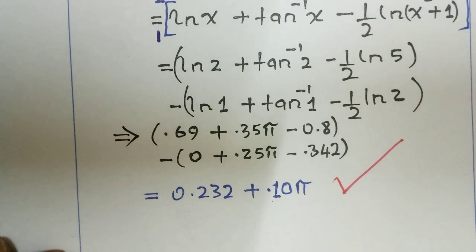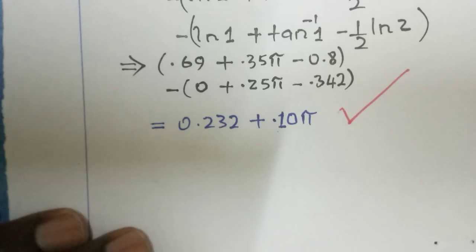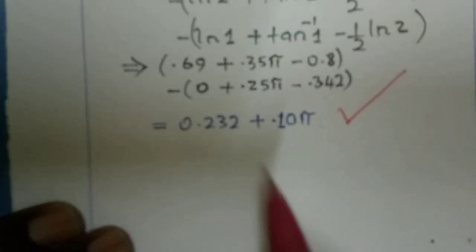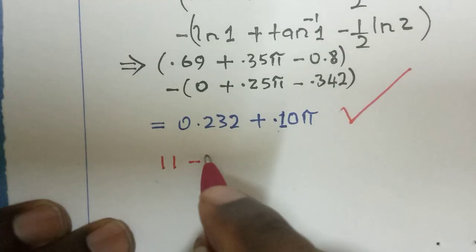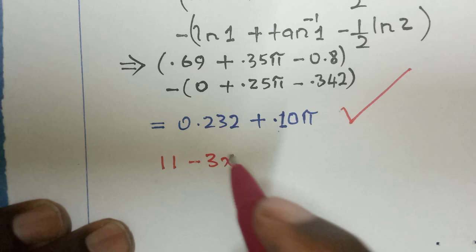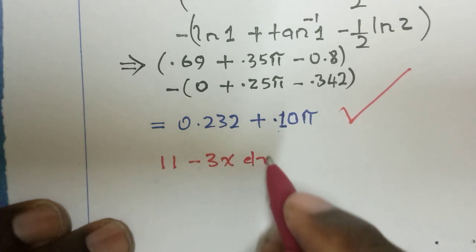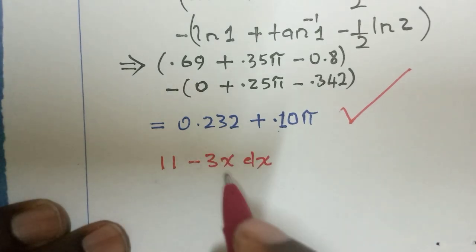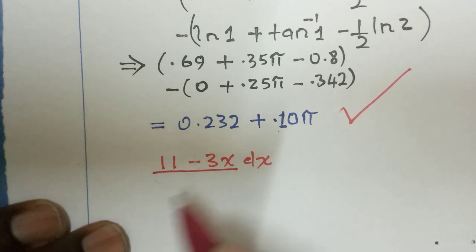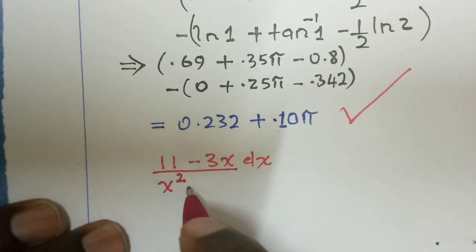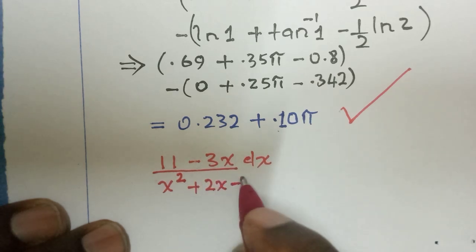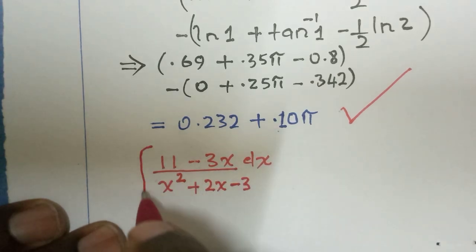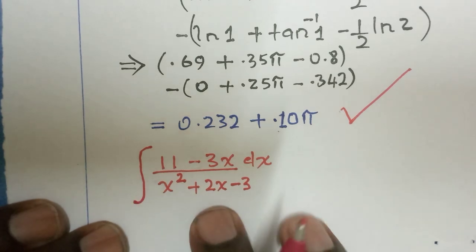It's written like this: 11 minus 3x dx all over x squared plus 2x minus 3. Find the integral for that.